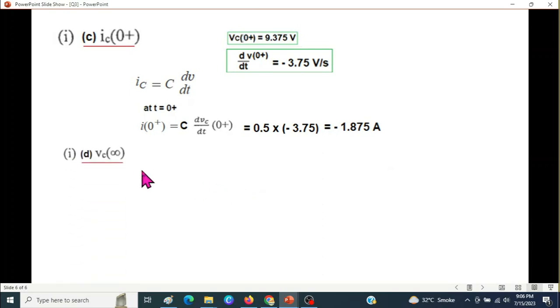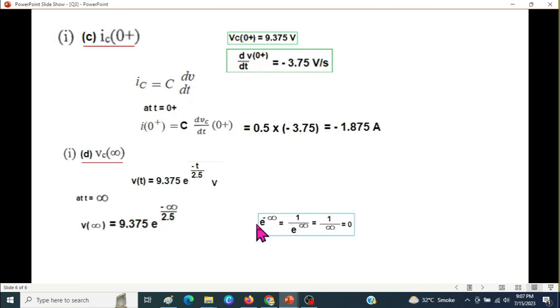And the last question was to find VC infinity. Very simple. We have the formula of VC. We put t equal to infinity. This will become V infinity, and for t we put infinity. I hope you know how to solve this, but just for those who have difficulty, anything divided by infinity will be infinity.